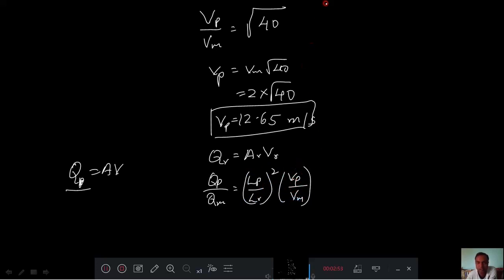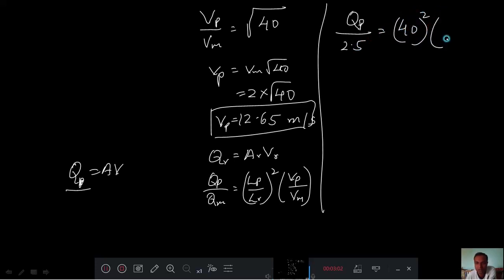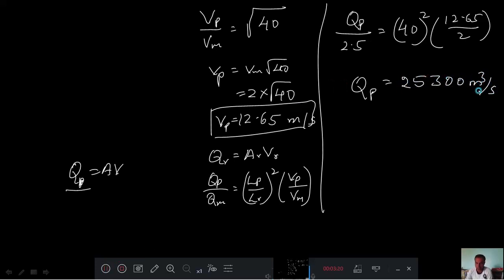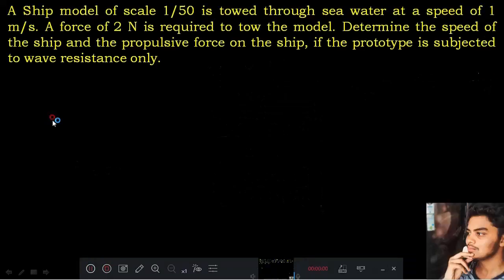Substituting back, Qp we don't know, Qm is 2.5, this is 40 square, Vp is 12.65 and Vm is 2. The answer for Qp is 25300 meter cube per second. Problem solved. We'll go to the next problem.